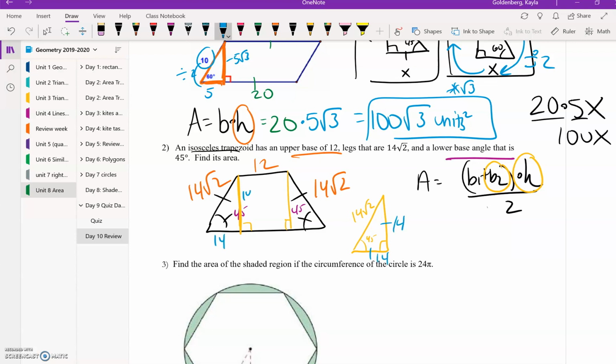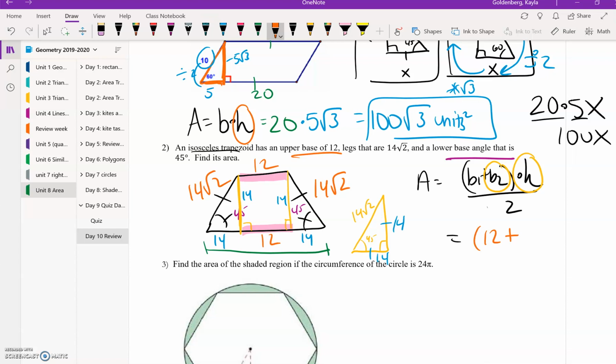So I'm going to label my 14s, which means if I plug stuff in, I know the one base is 12, right? Plus my other base is going to be, this one's a little trickier to see. You want the full bottom, which is 2 14s, as well as the 12 along in the middle.